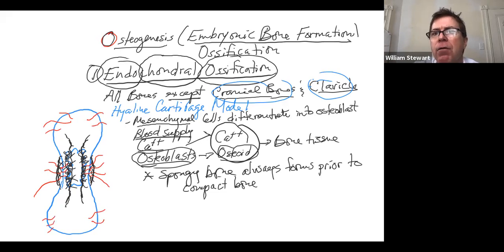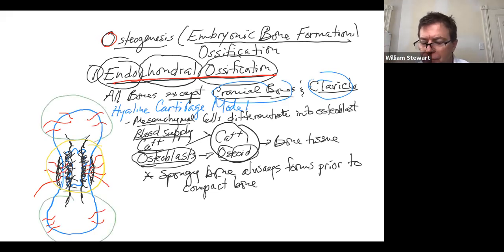So in endochondral ossification, first bone appears in the diaphysis, which is this area, the shaft, and then it starts to develop in the epiphyses here on the ends, here and here. The epiphyses then begin to ossify because same thing, we have blood vessels bringing in calcium.